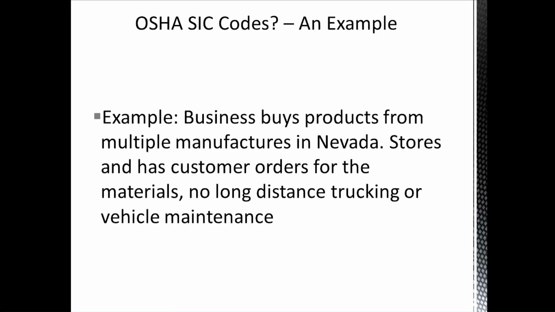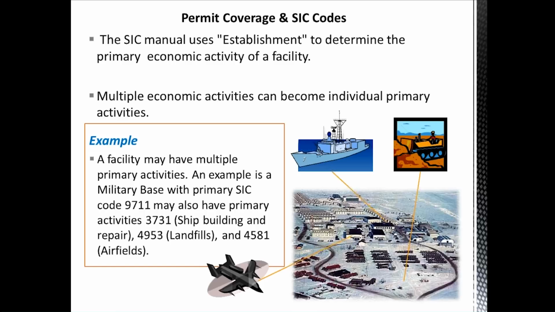So, for example, if your primary thing was auto dismantling, but you also did some R&D that was not commingling with your industrial activity, we don't necessarily need the R&D industrial code for the permit. So, for example, take a military base, and their military code is 9711.